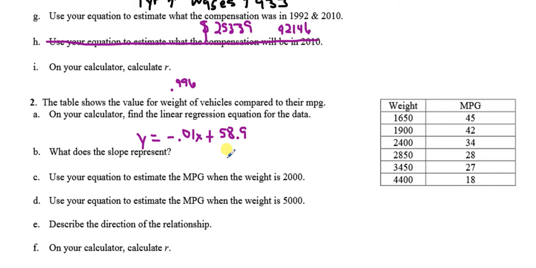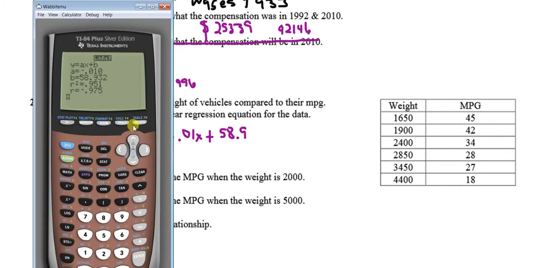What does the slope represent? Well, basically every 1 pound increase, our gas mileage goes down by 0.01. Use the equation to estimate our miles per gallon for 2,000 and 5,000 pounds. So if I hit second table, I do 2,000 since I changed this, and 5,000.